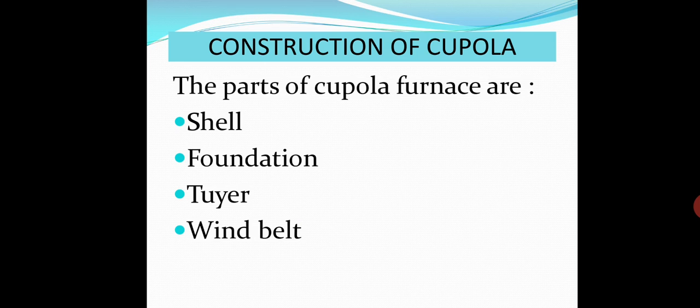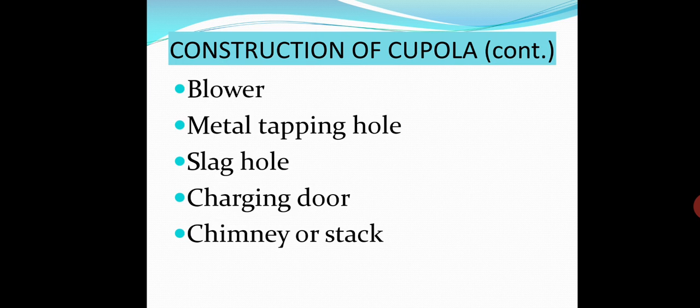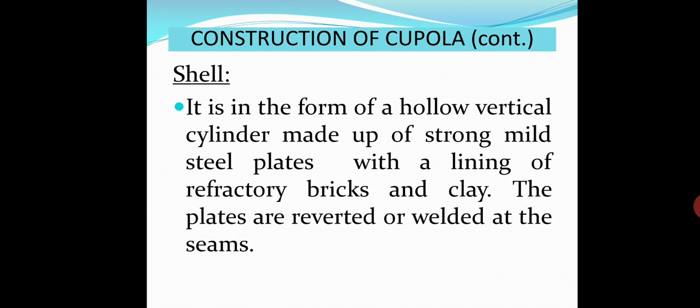The parts of the cupola furnace are shell, foundation, tuyer, wind belt, blower, metal tapping hole, slag hole, charging door, chimney or stack. Now we will discuss all these parts.